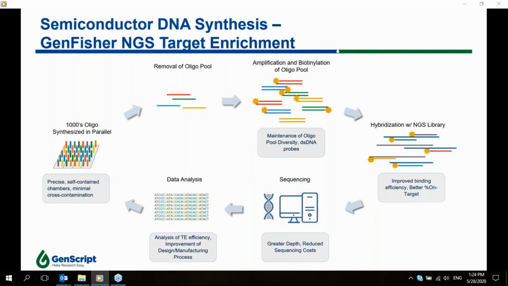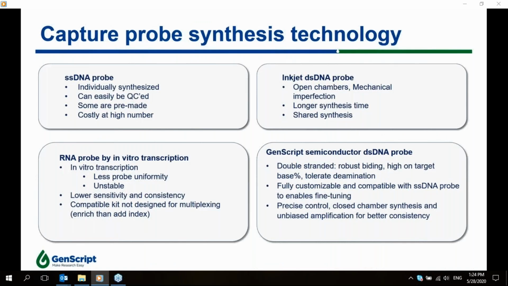Now let me show you an example of that, but I wanted to show that with some context. Here is a list of capture probe synthesis technologies. These probes can be single-stranded DNA probes. They can be RNA probes transcribed from synthesized and cloned DNA.